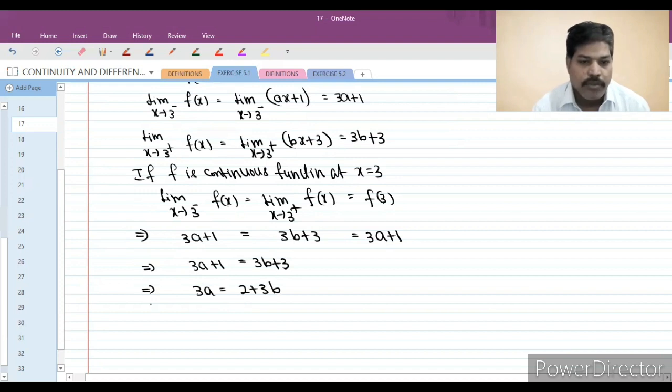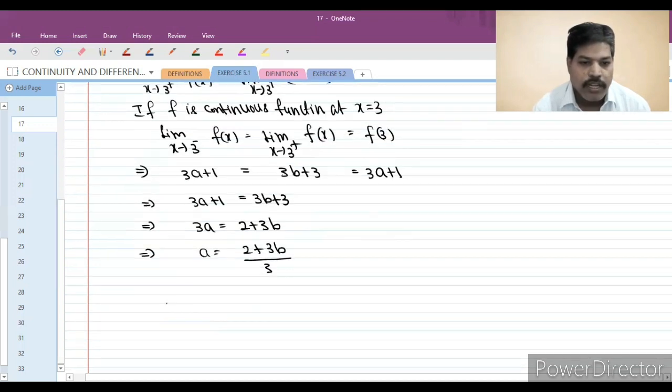We take the 1 to the other side, 3 minus 1 becomes 2. Then divide by 3: a is equal to (2 plus 3b) by 3. So a is equal to 2 by 3 plus b.